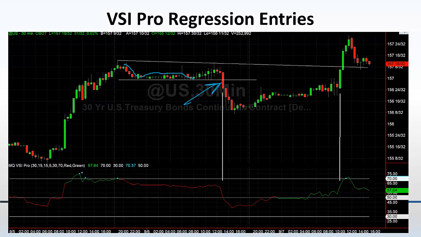Now look at our VSI Pro. You can see I've changed the settings a little bit higher. We're using a 30, 15, 15 on the setting, and when we do the workshop for the indicator, for everybody that's getting it, I'll explain to you how to change these. Alrighty. But you can see going into this that our regression had changed and said, hey, it's no longer got the strength that it had on the rally.